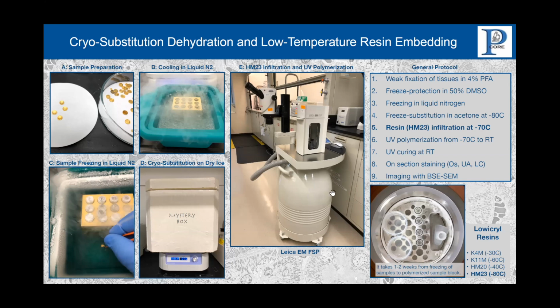We also experimented with different resins. If I'm in a rush, I love to use the K4M resin, which polymerizes quickly and usually provides very good ultrastructure and contrast. But whenever possible, I try to go with the lowest temperature resin, the HM23 resin, because this allows us to do resin infiltration at the lowest possible temperature, with the hope of better preserving ultrastructure and antigenicity.